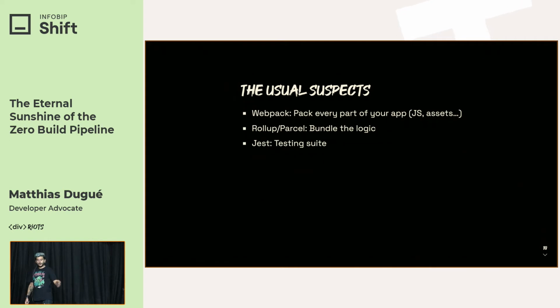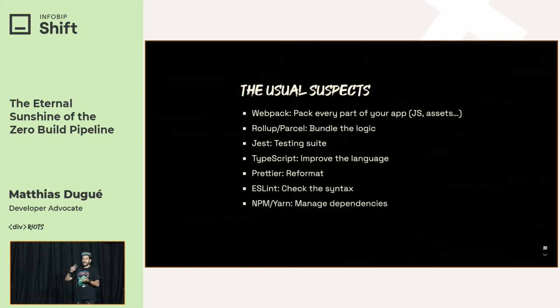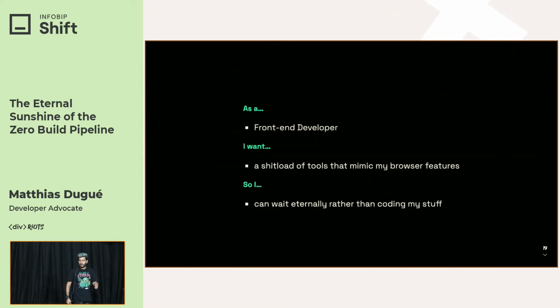We have some testing suites. You have probably TypeScript or something like that to transpile your content. We have some tools to reformat the code, some tools to check the code, some tools to manage the dependencies, some tools dedicated to the framework that you are using, like React or Svelte or Vue, and so on. So this is my common dev stack, and this is insane. Why do I need all those tools just to power some kind of view in my browser?